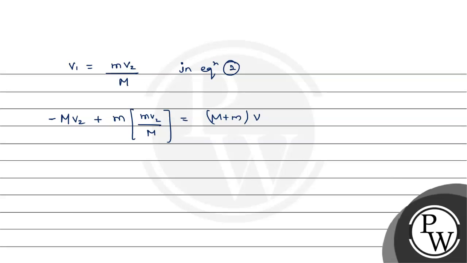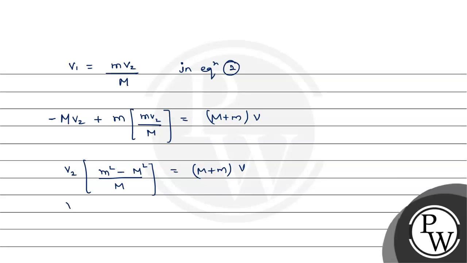Taking v2 common, we get M square minus m square upon capital M, equal to M plus m times v.